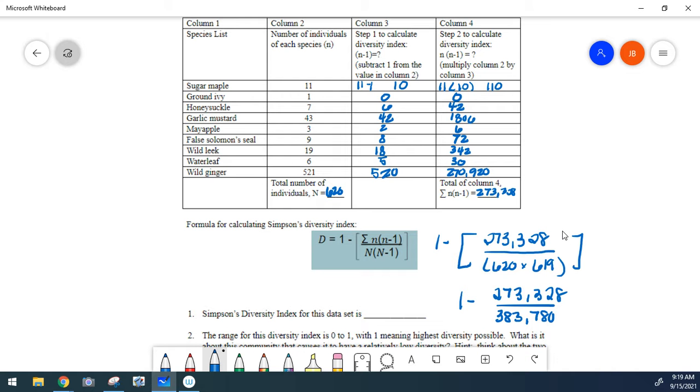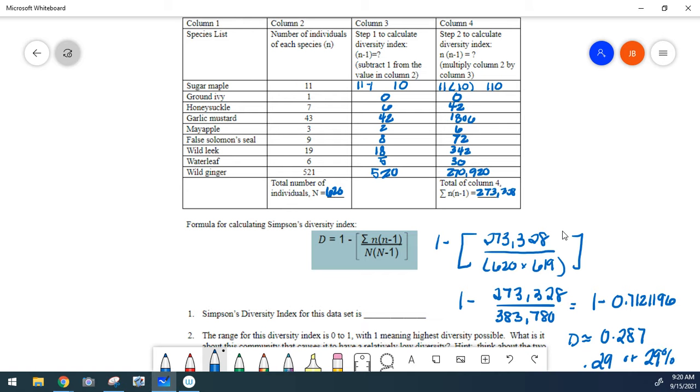Okay, so divide that, and that becomes 1 minus 0.7121196, which becomes D is about equal to 0.287. So that's going to be 29 or 29%.